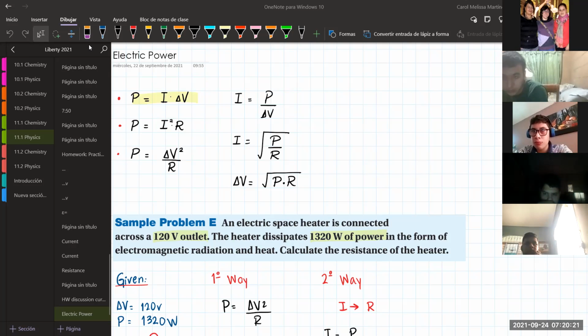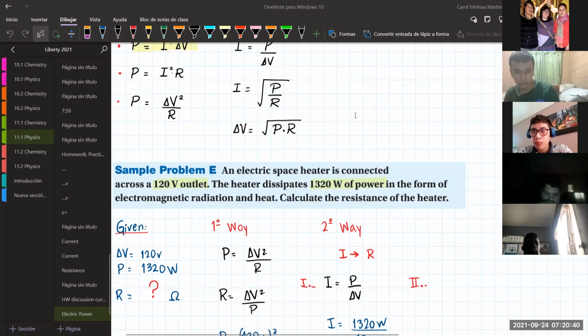Okay, so this will be your first step, and this is going to be your second step. Now that you know the current, you can find resistance. By knowing the current, you can say power is equal to current squared times resistance.